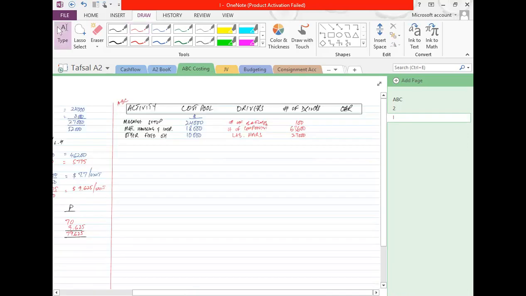Now for OAR, 24,000 divided by 100. $240 per batch. The next one, 18,000 divided by 63,600.